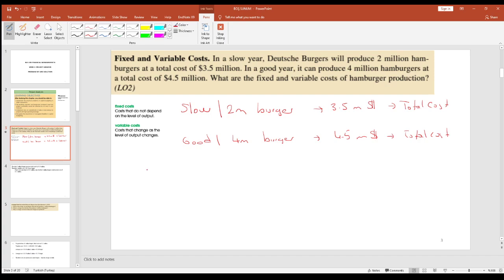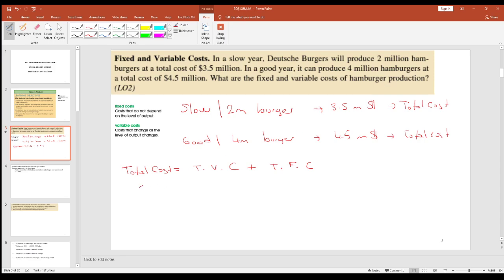So what is total cost, by the way? Total cost is equal to total variable cost plus total fixed cost. So in a slow year, what was the total cost?